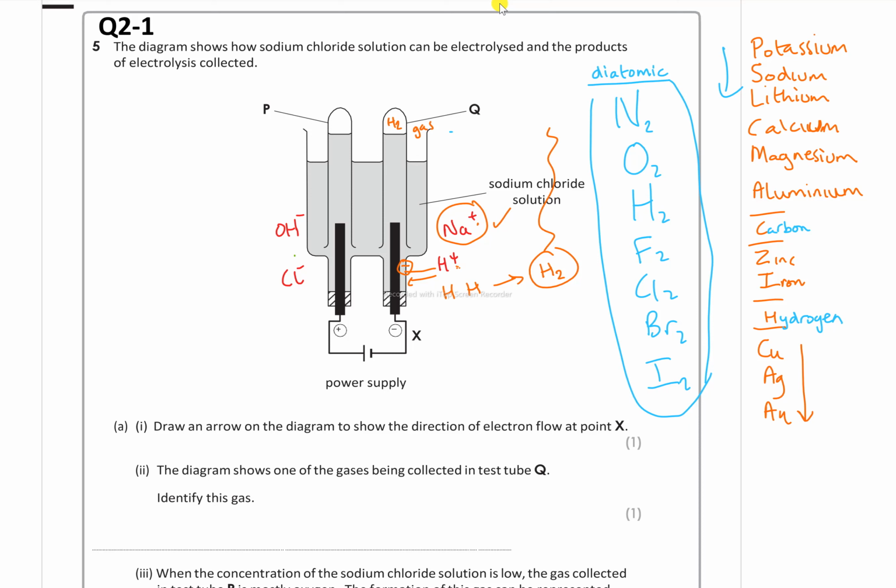But because there's that many more chloride ions, what happens is the chloride ion loses an electron, becomes a chlorine atom. Another one loses another electron, becomes another chlorine atom. They join together to form a diatomic molecule, and then it floats off as a gas. So that there will be chlorine. So Q will be hydrogen.